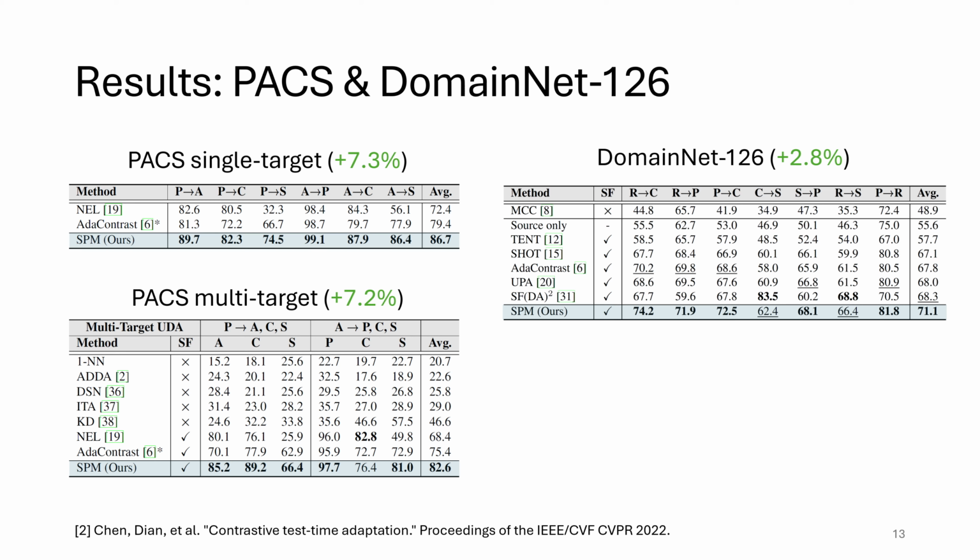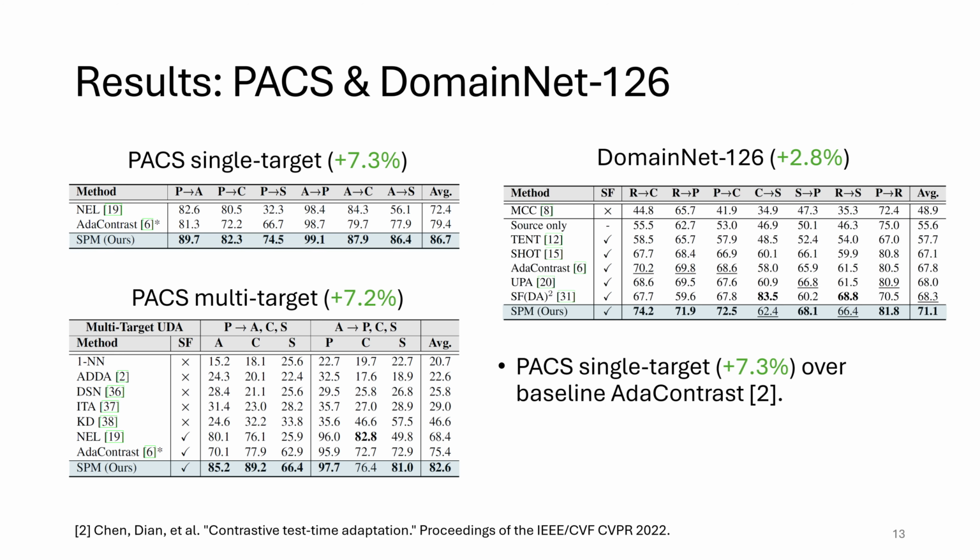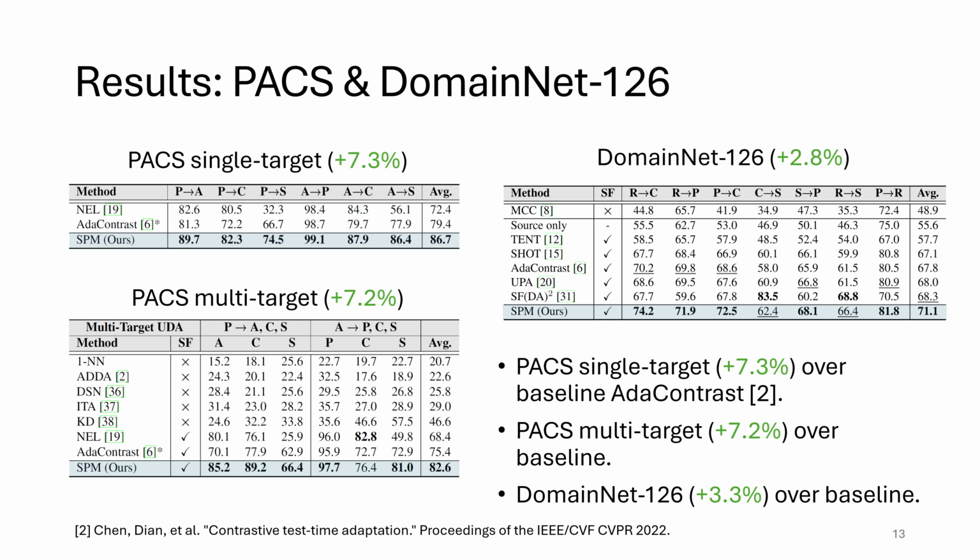On the single target PACS dataset, we achieve a performance improvement over the baseline Adacontrast method by 7.3%, and in the multi-target setting, we achieve an improvement of 7.2%.